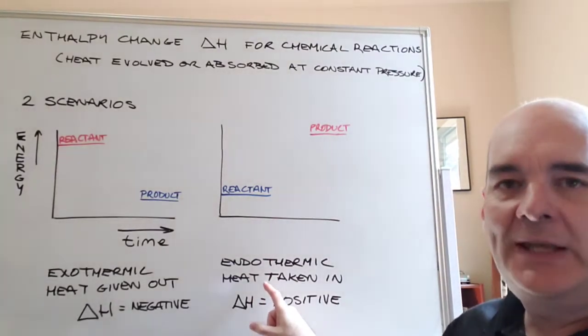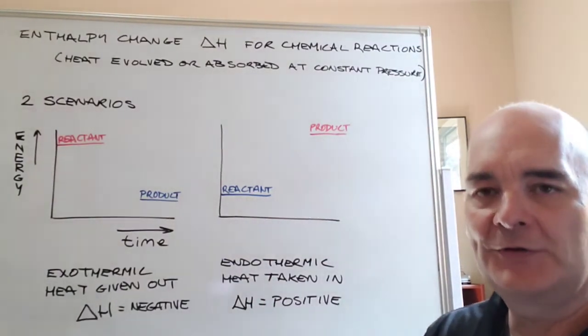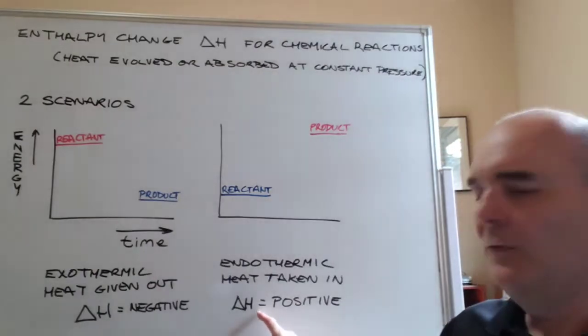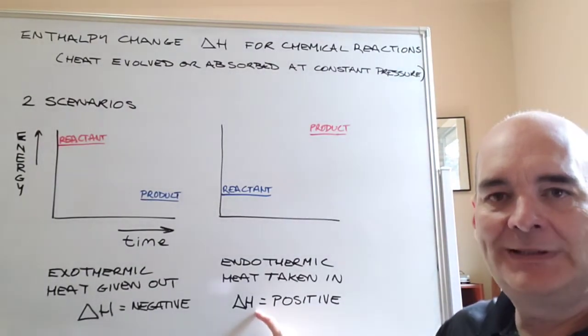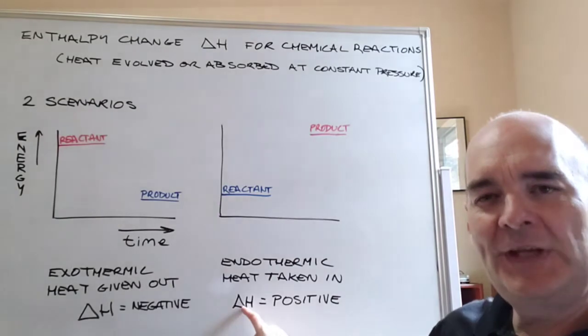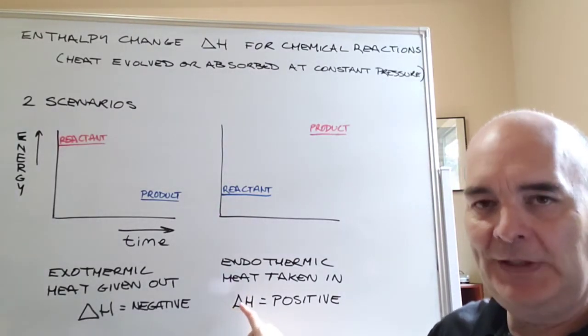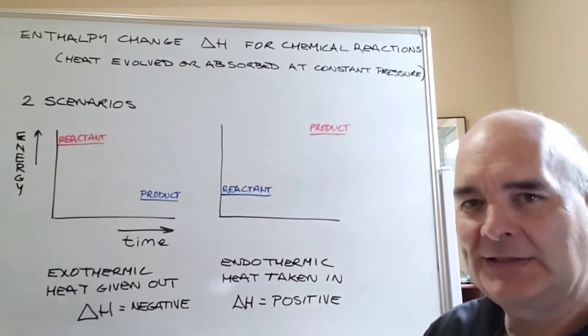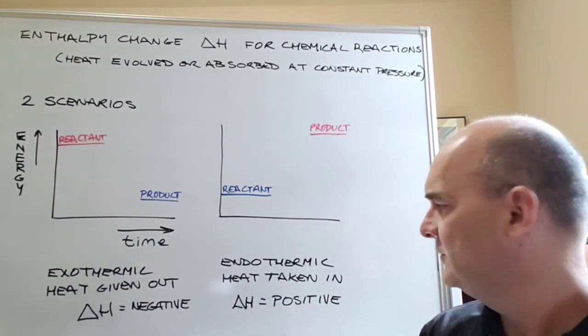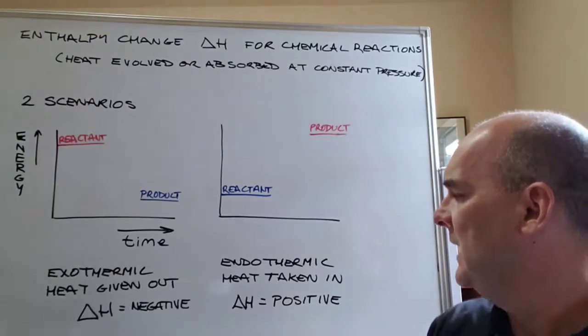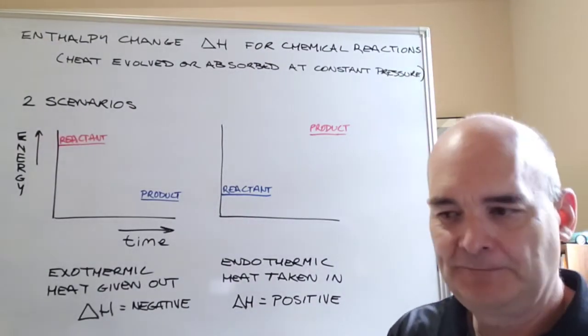Heat energy is taken in during this process or reaction, and our value for enthalpy change, delta H. Anytime you see a delta in the book, the capital Greek delta means change. If it's a lowercase delta, that means just a little change. The value of delta H is positive.